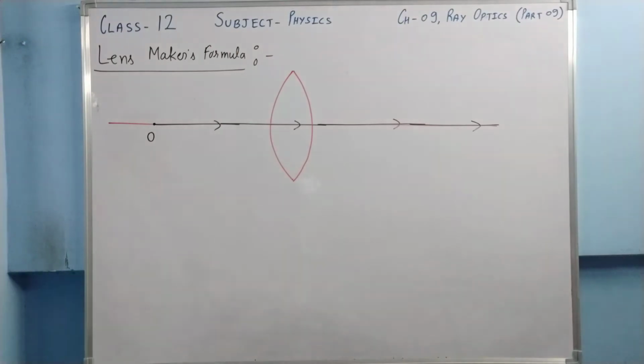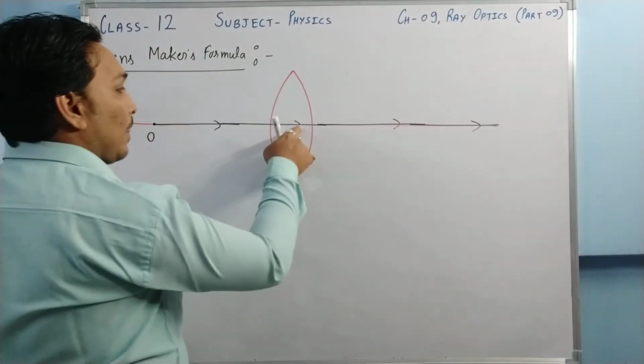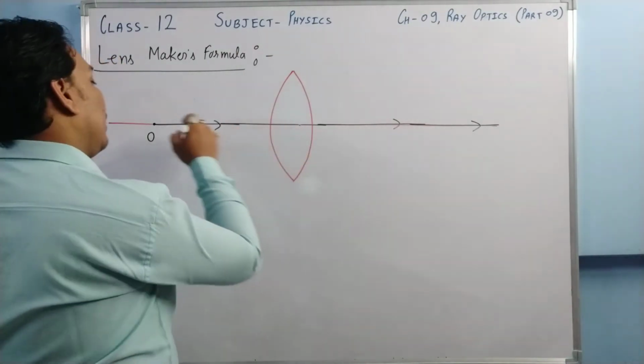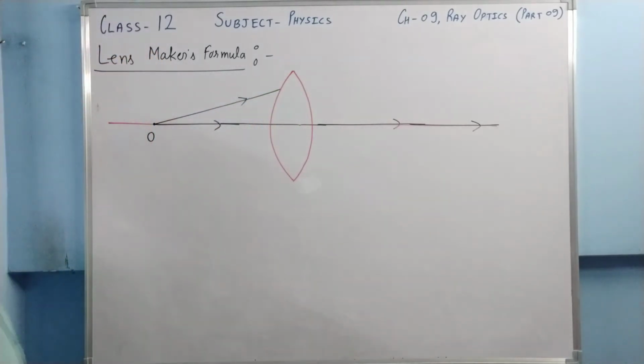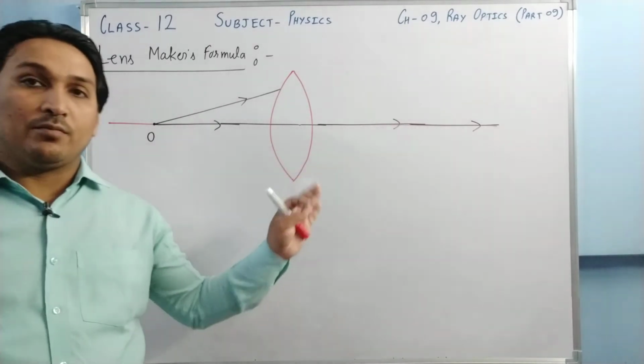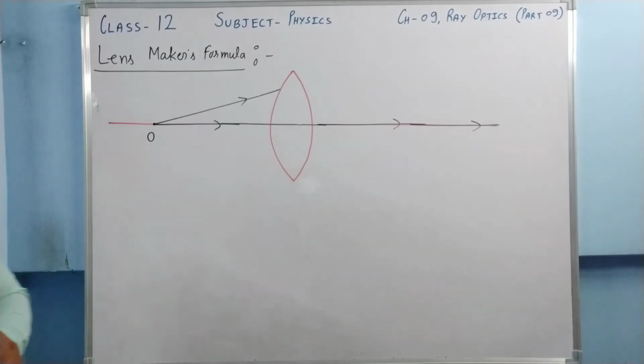Another ray falls on this surface. Now the ray of light is going from rarer medium to denser medium, so it should bend towards the normal. Where is the normal?